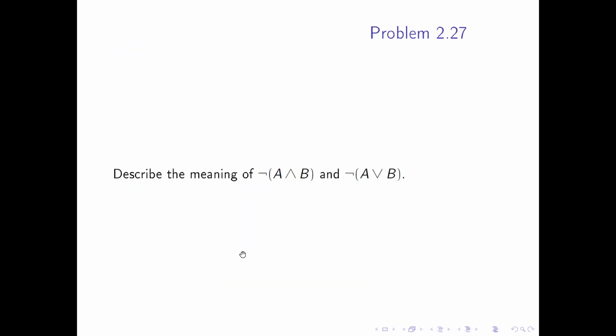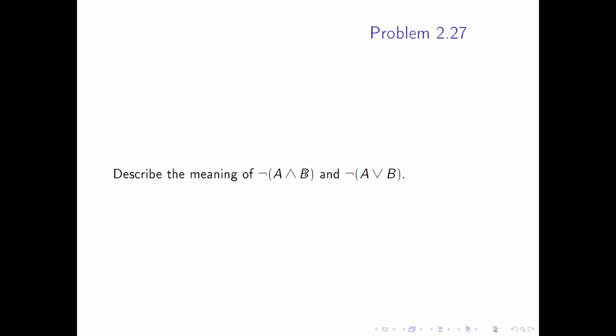So let's do a quick problem and interpret what this means. What does not (A and B) mean? If I say you're a math major and in your class, not (A and B), all I have to do is make one of those false.